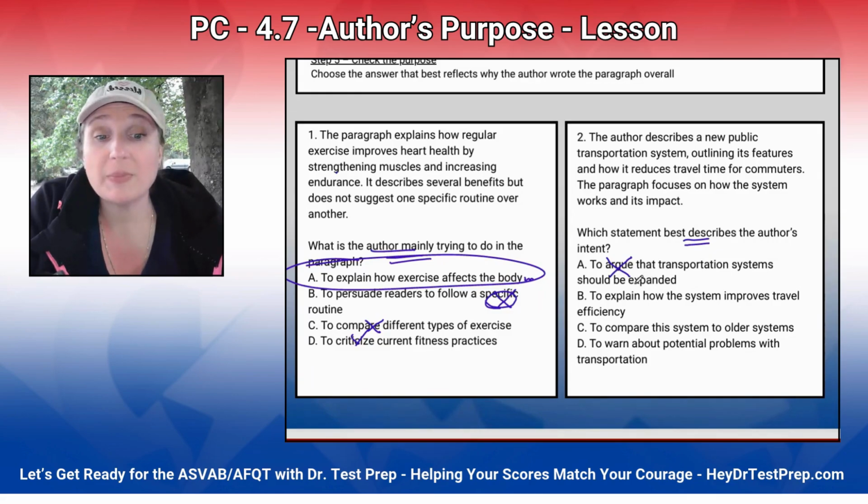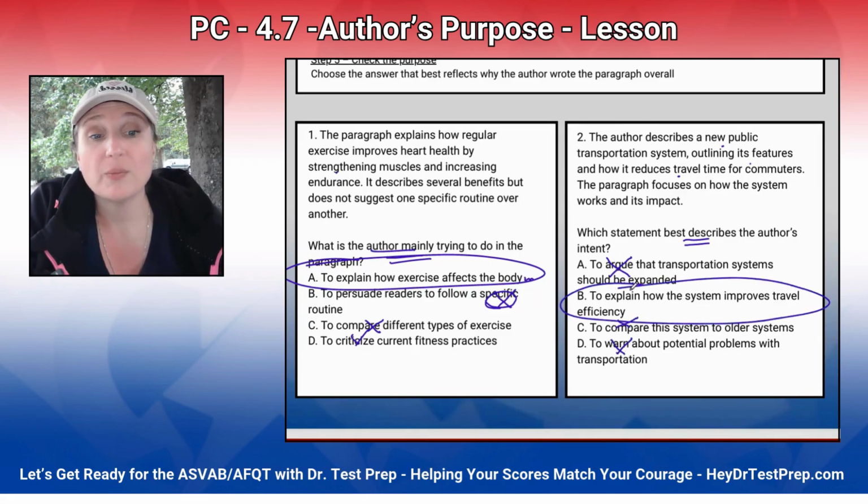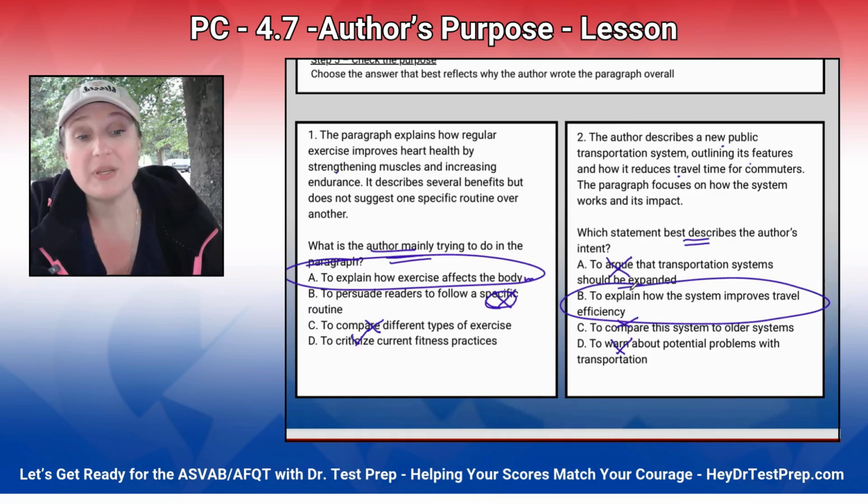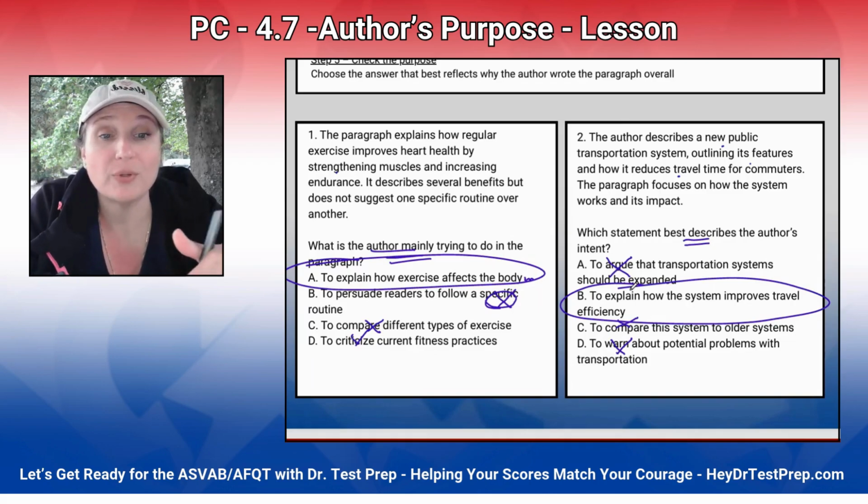No. Explaining how the system improves travel efficiency? Well, it does describe it. It talks about outlining its features, how it reduces time, perhaps. Comparing it to old systems? No. Warning about potential problems? No. So really, it would be explaining how it improves. Describes a new thing, outlines its features, how it reduces travel time.